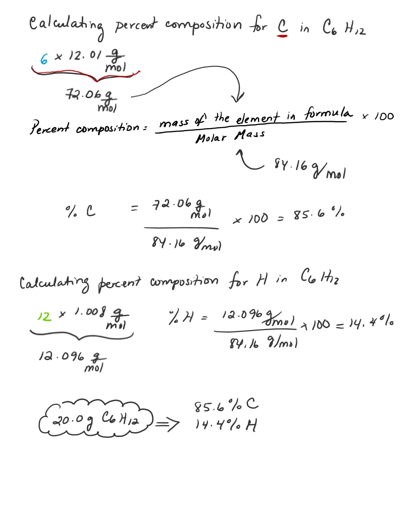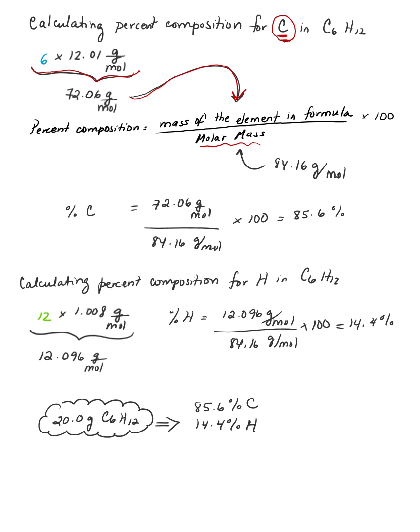If we're calculating the percent composition for carbon, that's the amount out of your total 84.16 grams per mole for cyclohexane. 72.06 are carbon. So if we're finding the percent composition, that 72.06 corresponds to the mass of the element in the formula, because we're trying to find the percent composition for carbon.